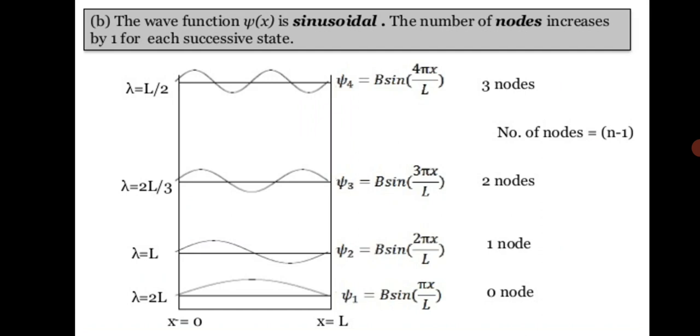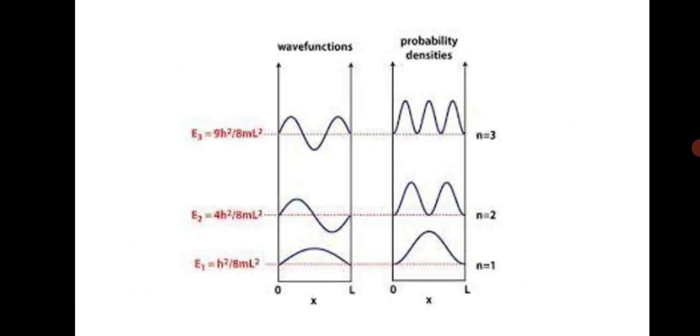Now, the wave function psi, that is psi 1, psi 2, psi 3, etc., is given by psi is equal to B sine n pi x by L, right? So psi 1 has 0 nodes, psi 2 has 1 node, psi 3 has 2 nodes, and psi 4 has 3 nodes for the particle in a one-dimensional box.